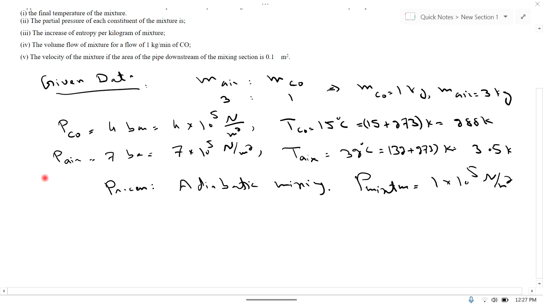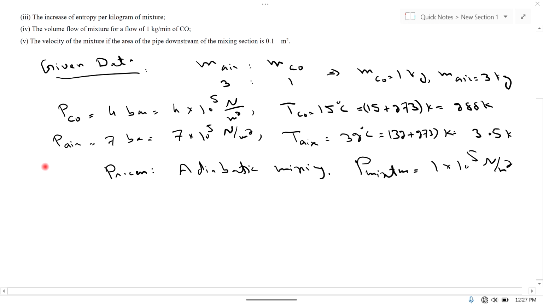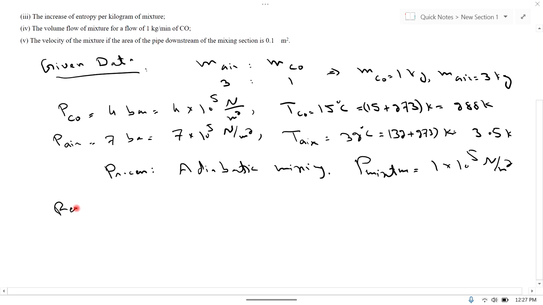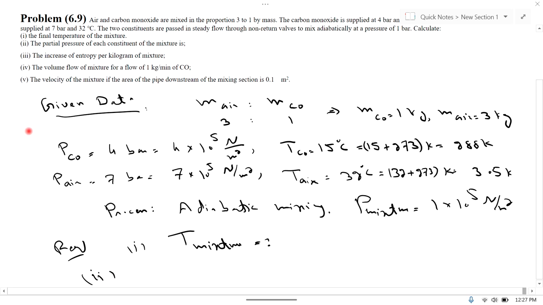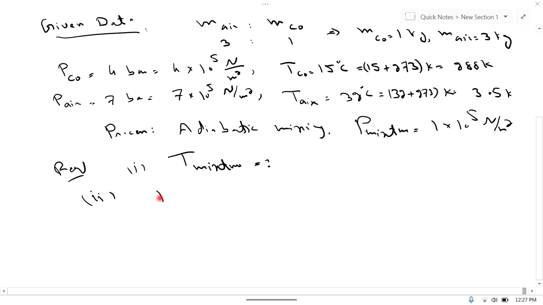Calculate number 1, the final temperature of the mixture. Required first is the final temperature of the mixture. Number 2, the partial pressure of each constituent of the mixture. It means that in air there is nitrogen and oxygen, 79% nitrogen and 21% oxygen.